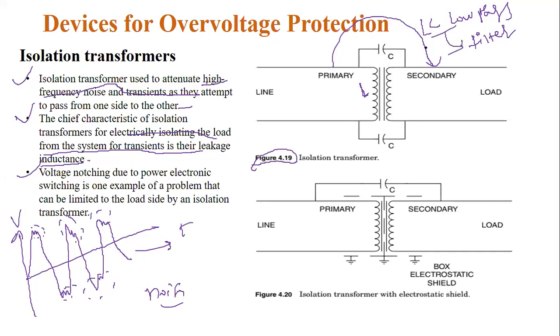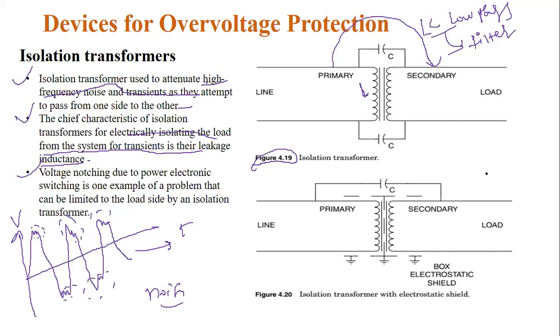The LC filter can also filter the noises that are produced by the system. And second, it can filter the high frequency noises, and it can also reduce some notches that are produced in the system.